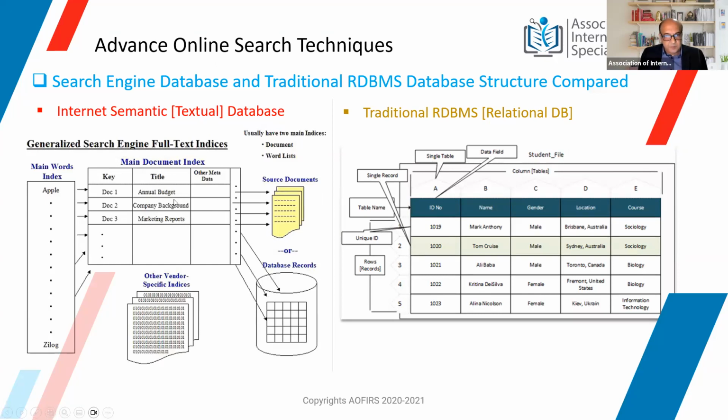Now, without worrying too much about how these are differentiated, just look at the process involved in a textual database versus a relational database. In the textual database, you could see that, let's suppose, there are these documents 1, 2, and 3.